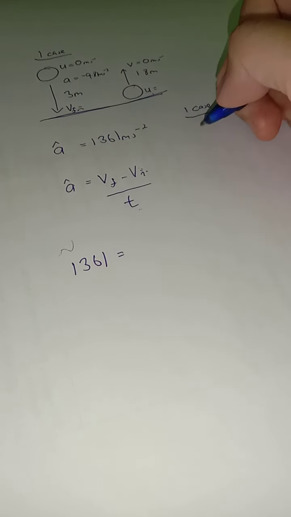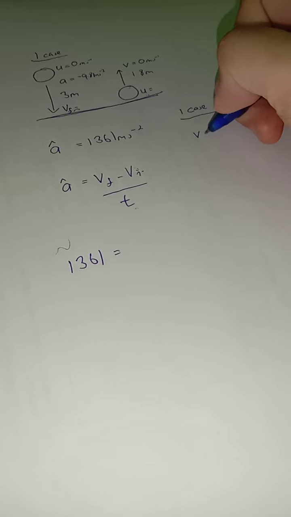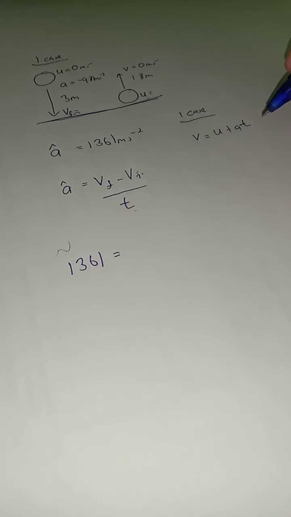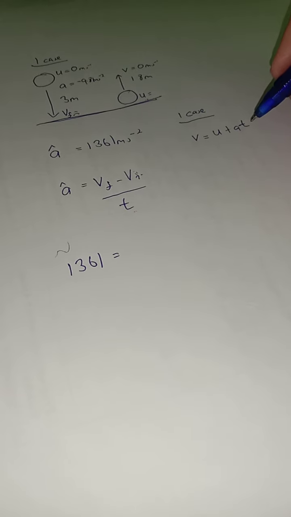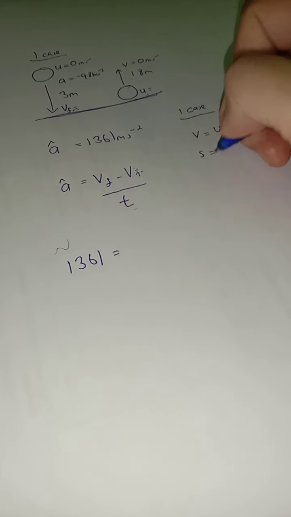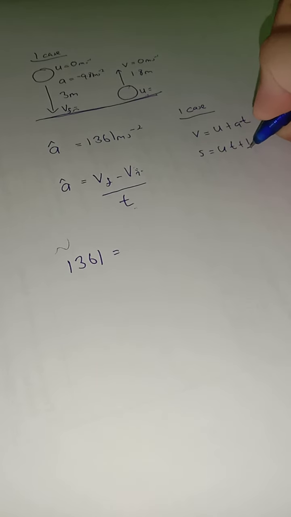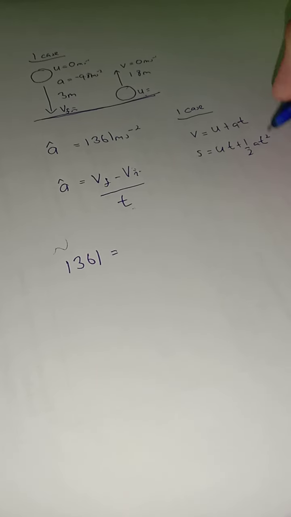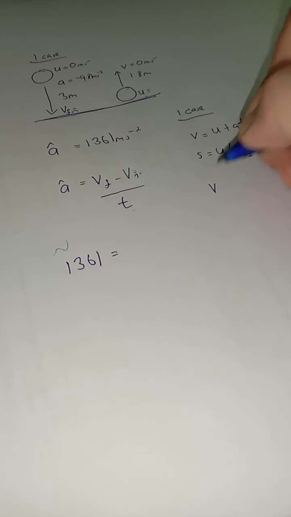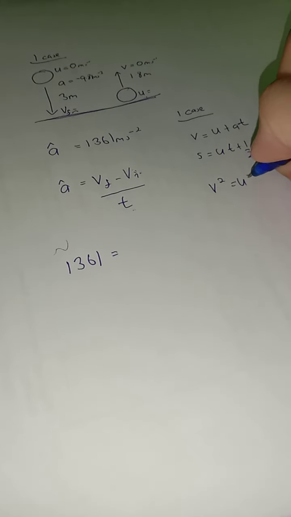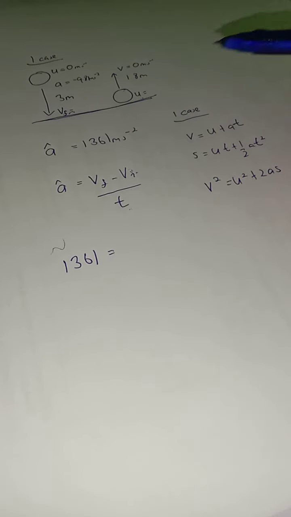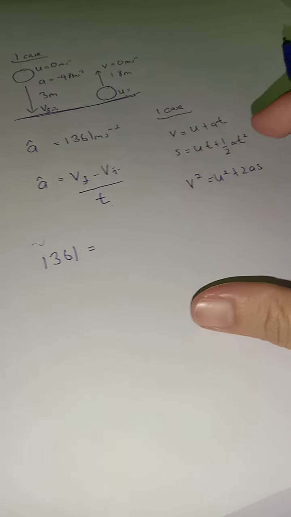To find V, maybe I can try V = U + at, but I don't have time, so I cannot use this formula. The second formula, s = ut + half at squared, is also the same. We don't have time. Then we have another formula, V squared = U squared + 2as. Maybe we can use this formula because we don't have time.